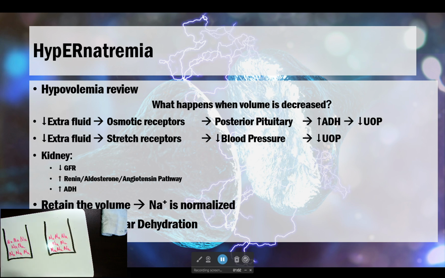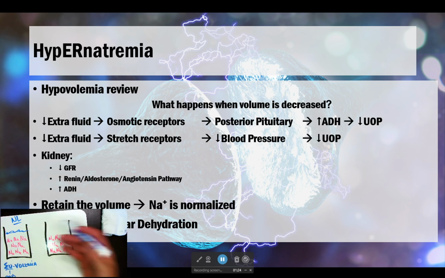Now, remember earlier we talked about normo or euvolemia, eu meaning good volume. Okay? So this is going to be normal again. We start over here with normal, and we've got this much fluid in our container, and this is normal volemia.